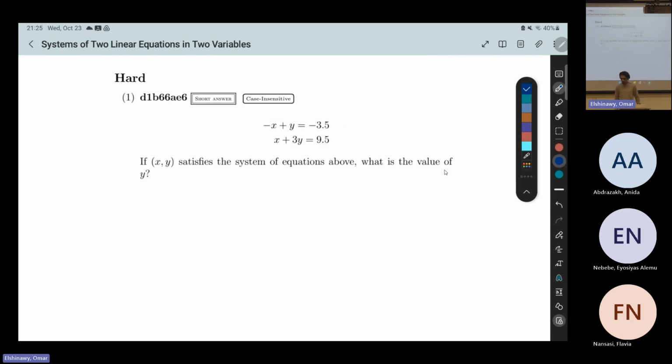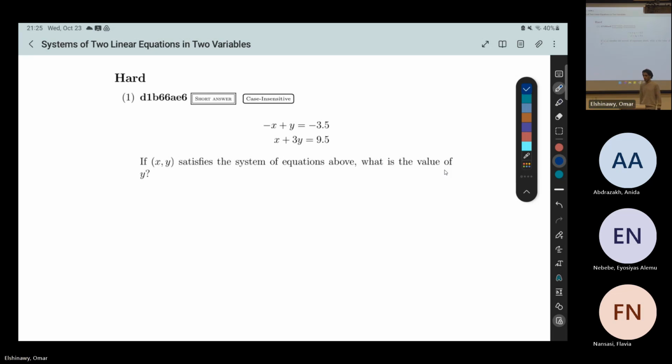Maybe you guys can get a minute, think about it, and then we'll think about how we can approach it. Because it's not anything guys discussed in the last 20 minutes, I think. So we will talk about ways we can solve this type of equations.